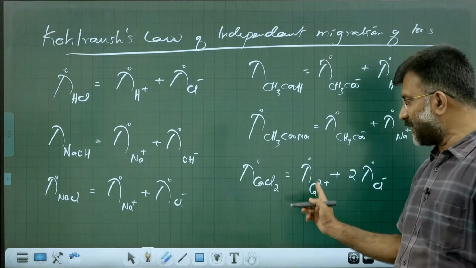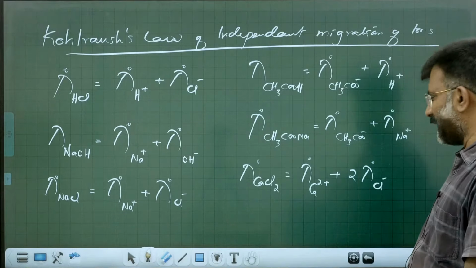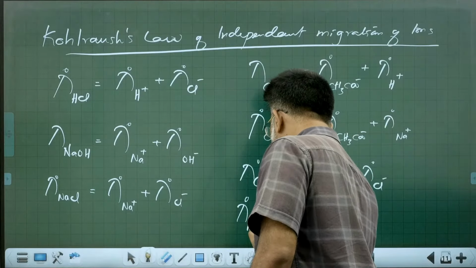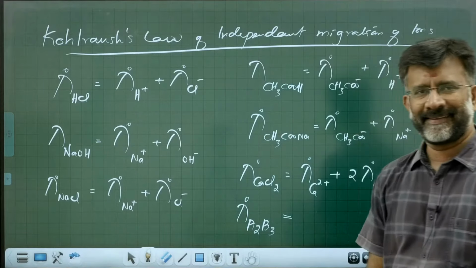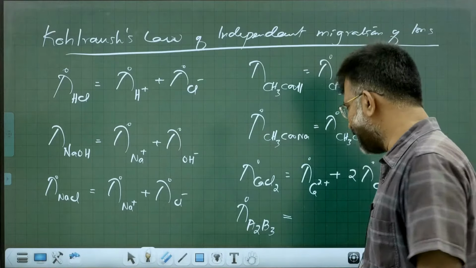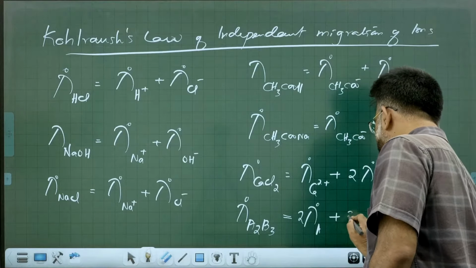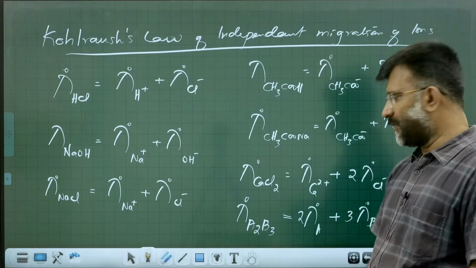And lambda naught for CaCl2 will be lambda naught for Ca2 plus plus 2 times lambda naught for Cl minus. Please be very careful, 2 times lambda naught for Cl minus. Lambda naught for A2B3, how does it come? It is 2 times lambda naught for A plus 3 times lambda naught for B. That way it comes.